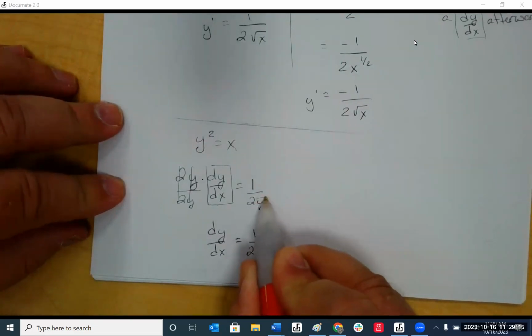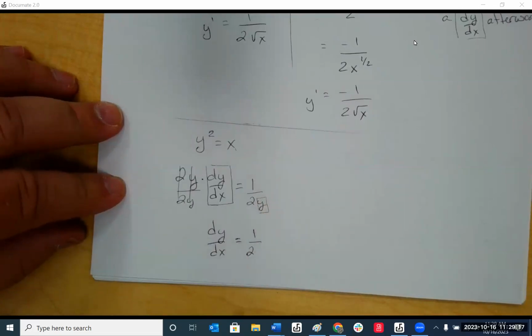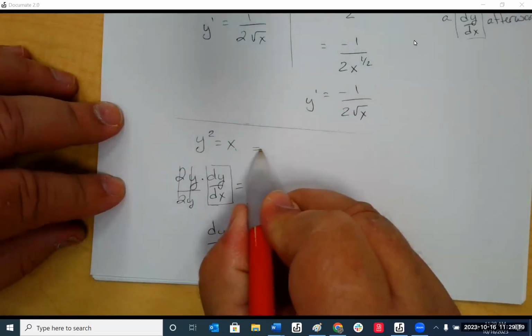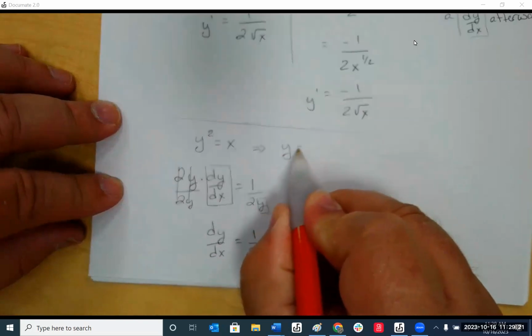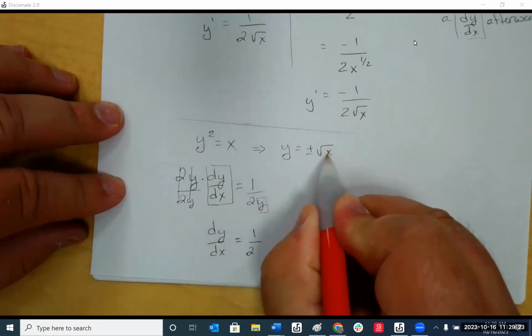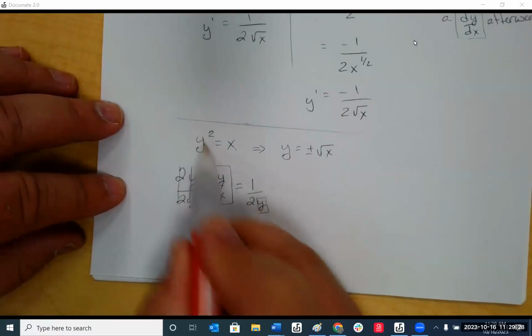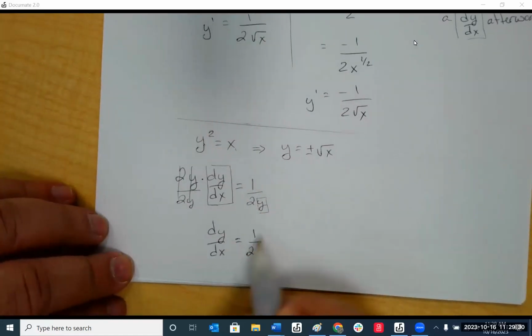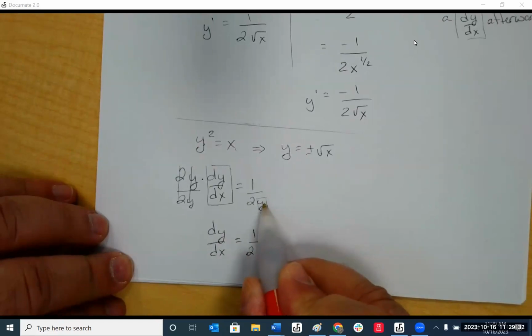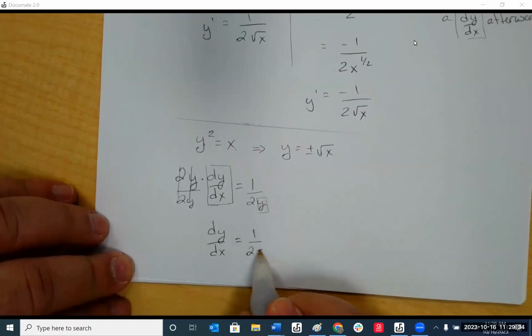What is y? We have to solve for y. So we have 2y, and we have to figure out what y is. y is plus or minus the square root of x.